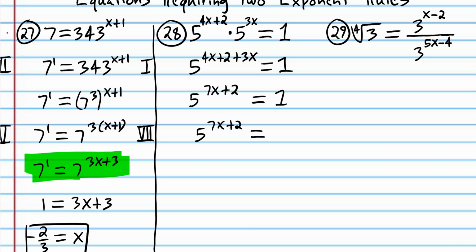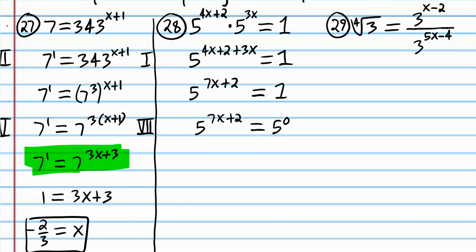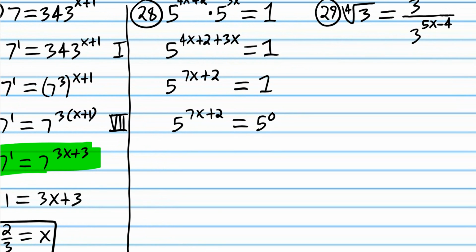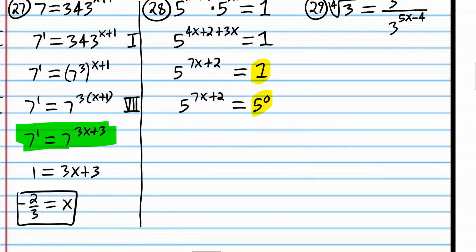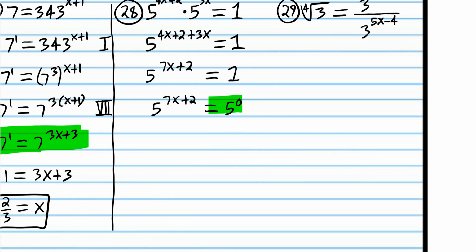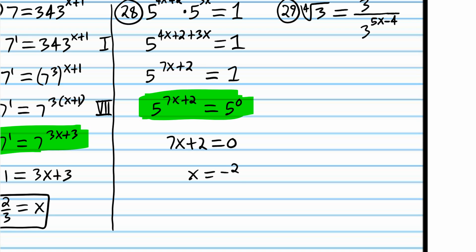And then I know it's going to be 5 to the 0 power because I'm looking for base 5. So 1 becomes 5 to the 0 power. Anything raised to the 0 power is 1. I'm just going backwards now. So now we're at the critical point. And we see that 7x plus 2 is equal to 0. So x must be equal to negative 2/7.